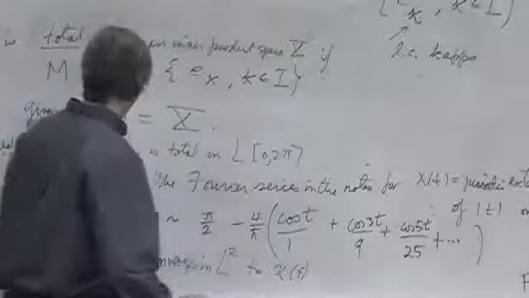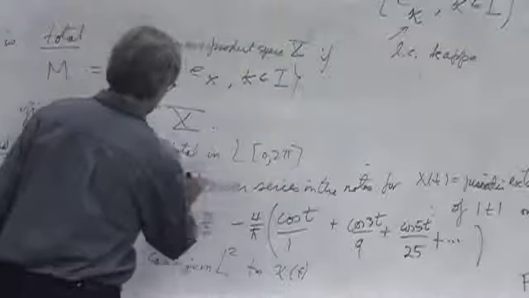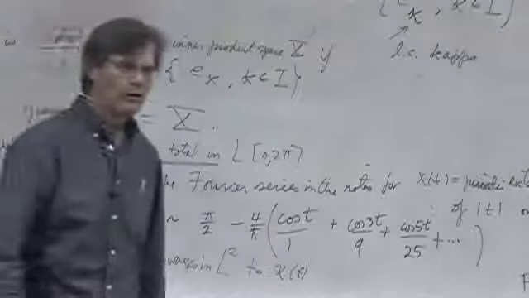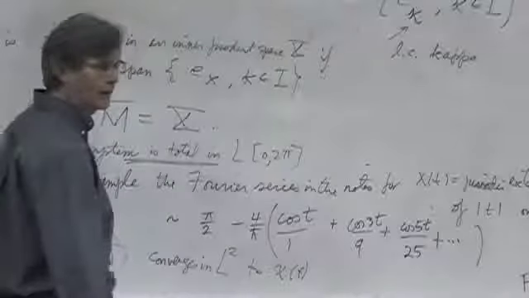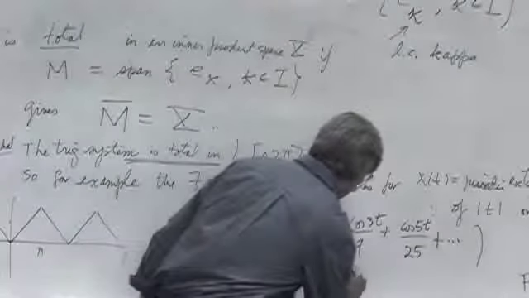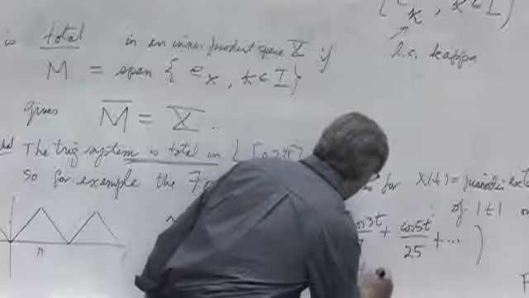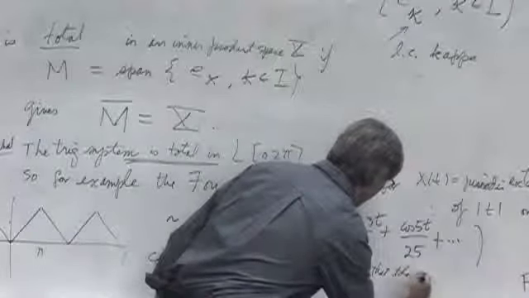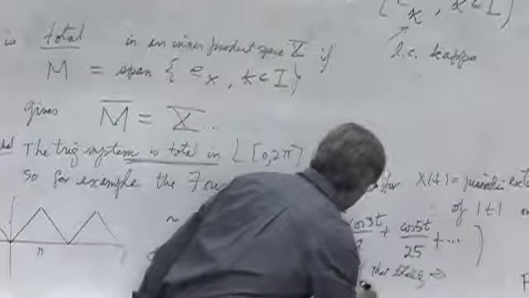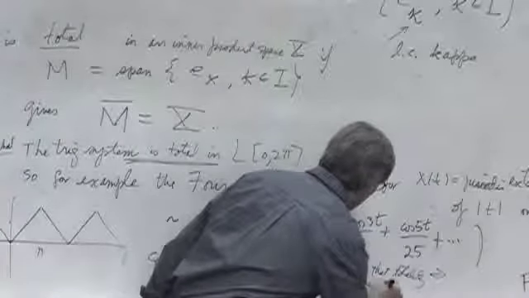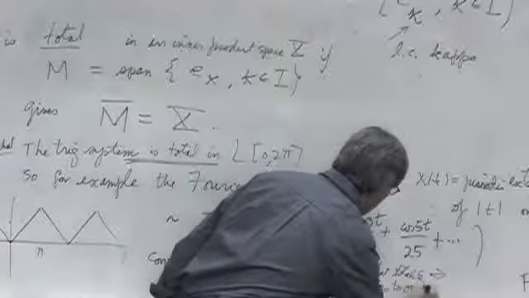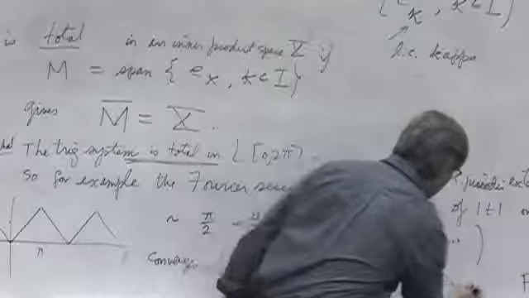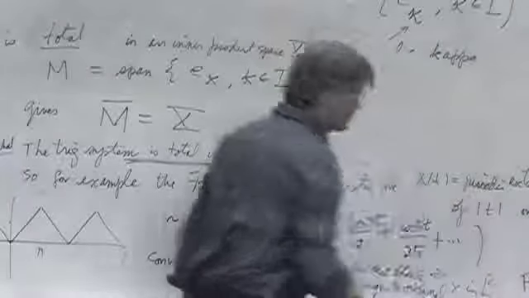So by totality, okay, there's nothing more that I can get. I didn't prove this yet. Okay, proof next time. Proof that totality implies convergence in L2 to the original function, original x in L2, will be by the Parseval relation.